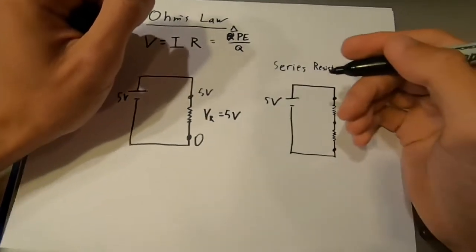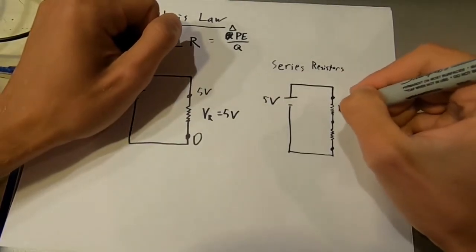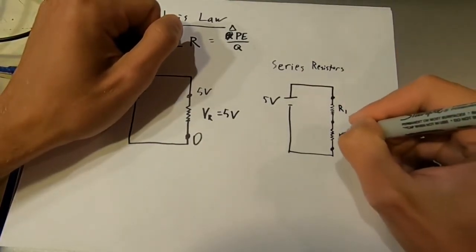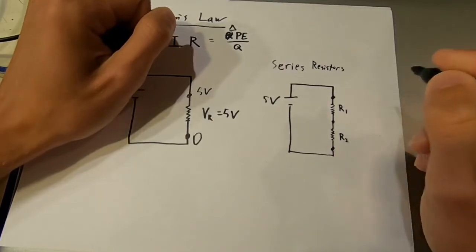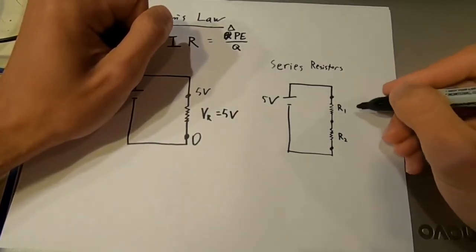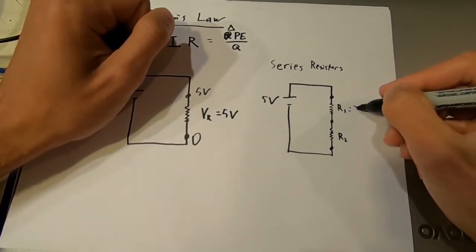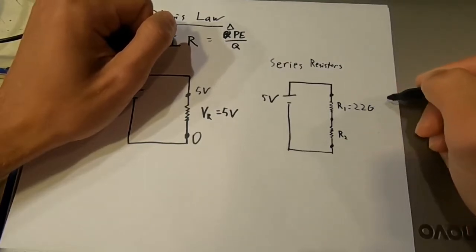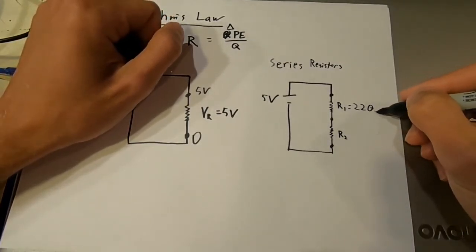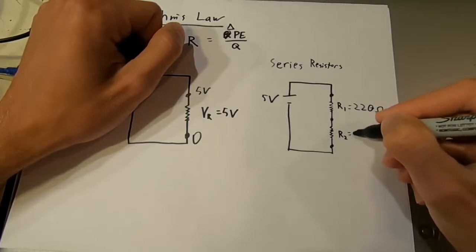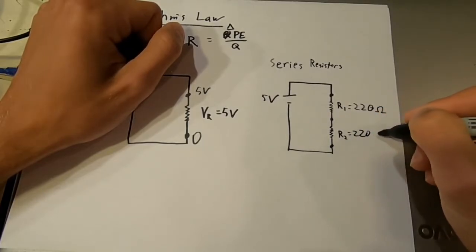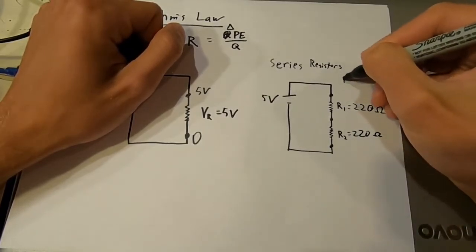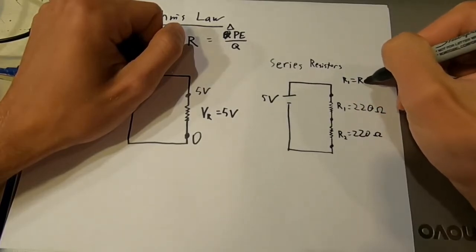And they're going to have values R1 and R2. And for now, we'll keep them the same. They're both going to be 220 ohms. So R1 equals R2.